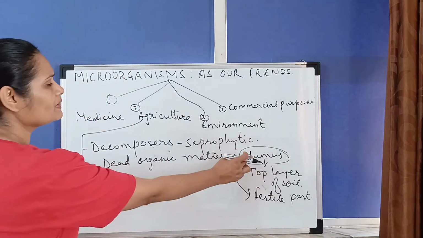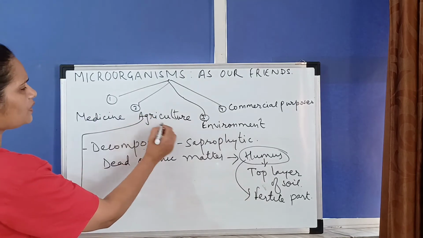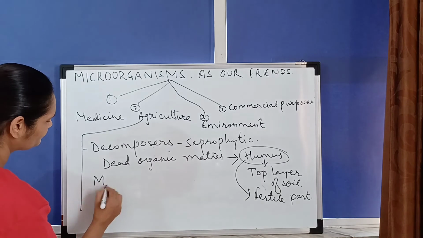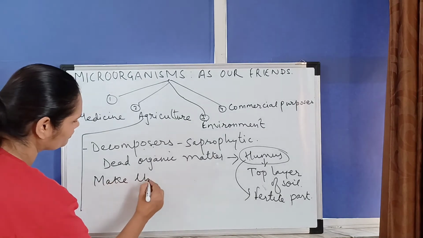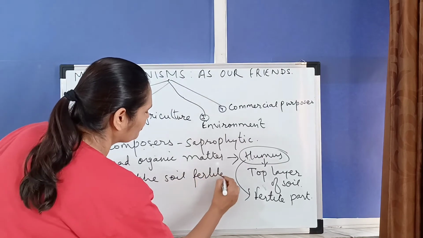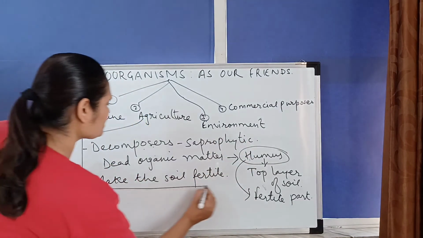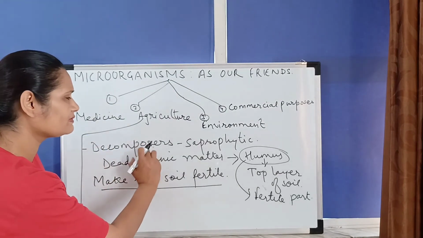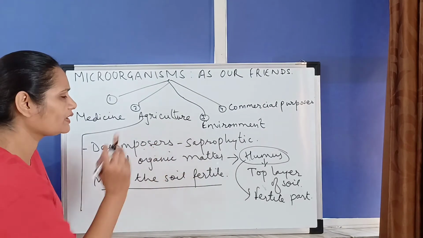Okay. So one use of microorganisms is that they make the soil fertile, right? One way is by decomposing the dead organic matter.